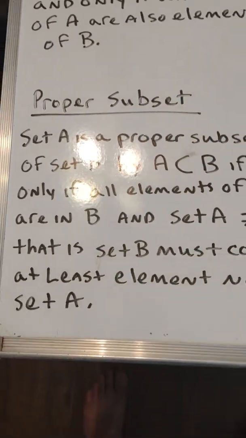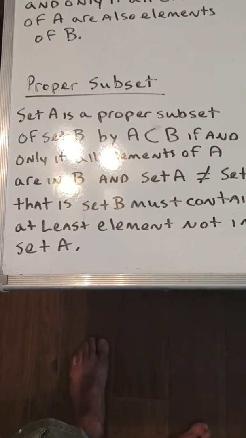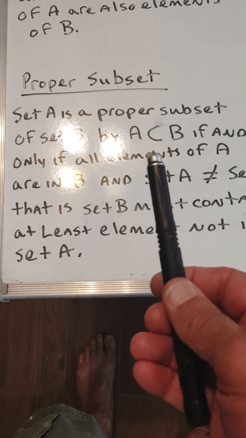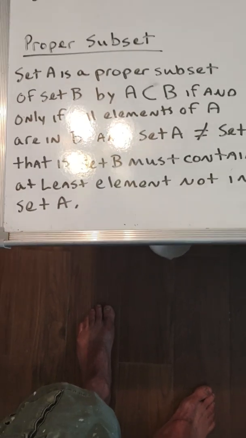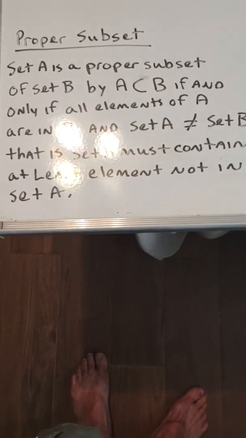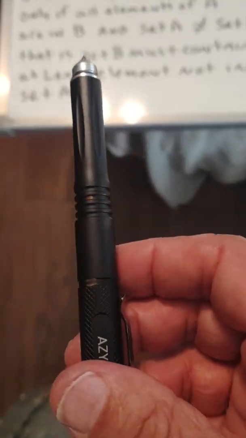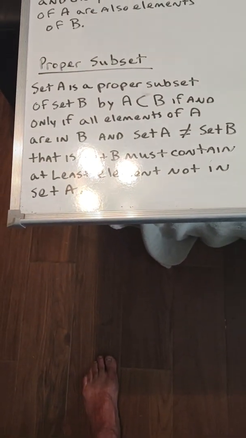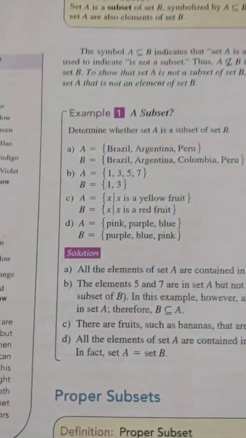As a matter of fact, set A is what's called a proper subset. Set A is a proper subset of set B, and here the symbol is just a C, not the line under it, if and only if all elements of A are in B, and set A does not equal set B. That is, set B must contain at least one element not in set A. So that's our example here.